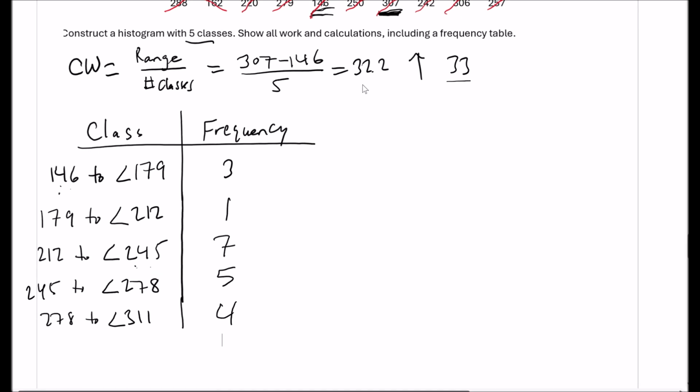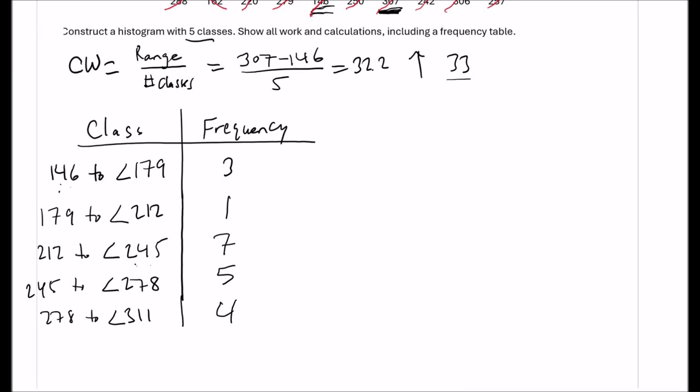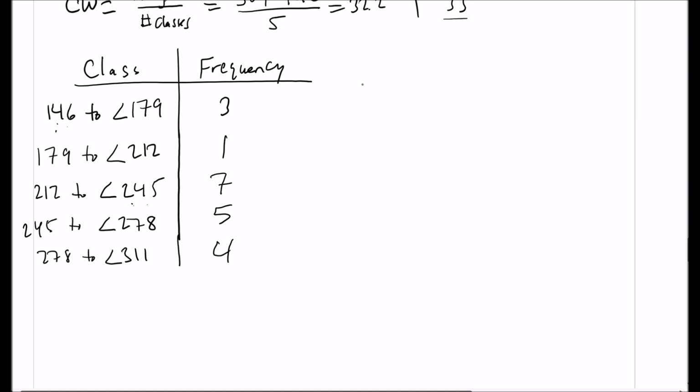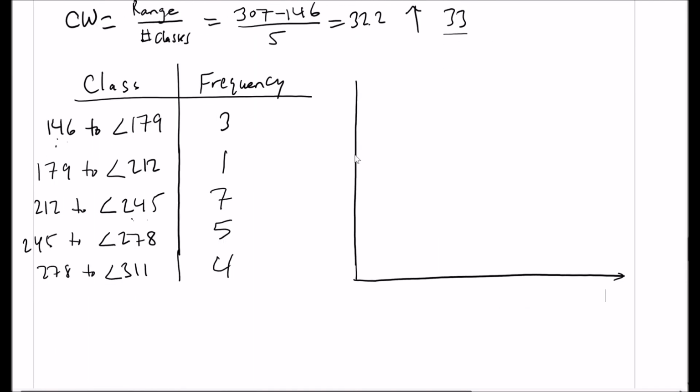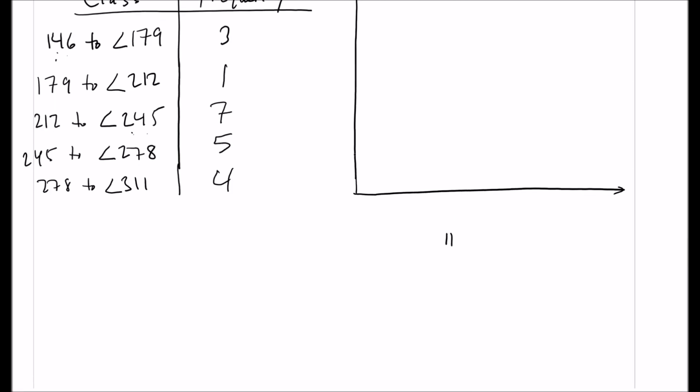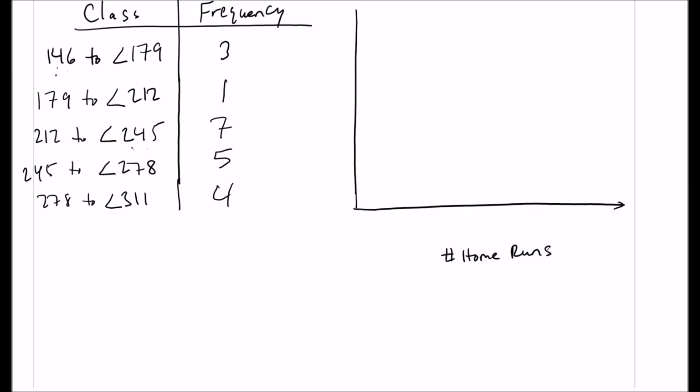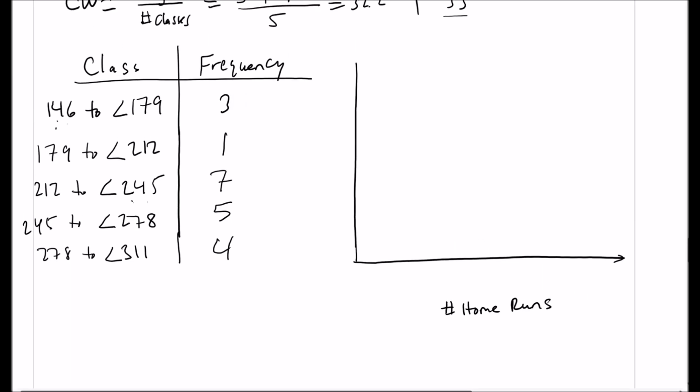Now we can make the histogram. The classes represent the number of home runs, so I'm going to put the number of home runs on the x-axis and then the frequency.